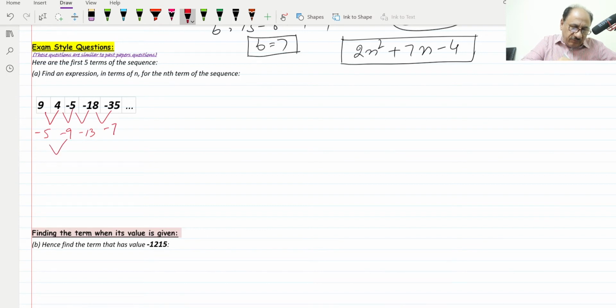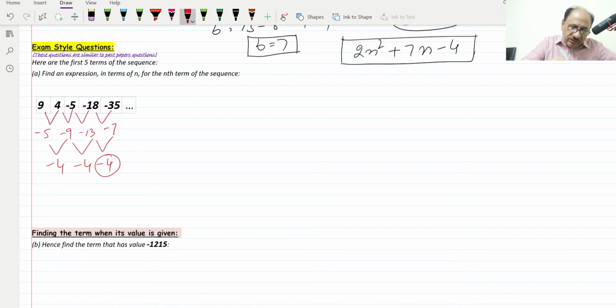So these will be the differences, and the second difference will be minus 9 minus 5 will be 4, minus 4, and minus 4, and if you check this will also be minus 4. So the second difference is the same, so this is confirmation that this is a quadratic sequence.